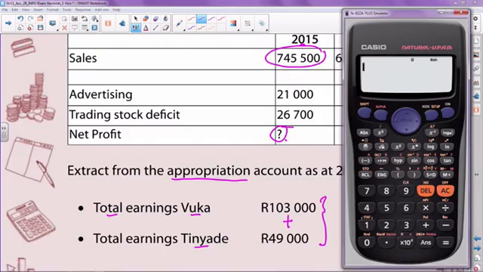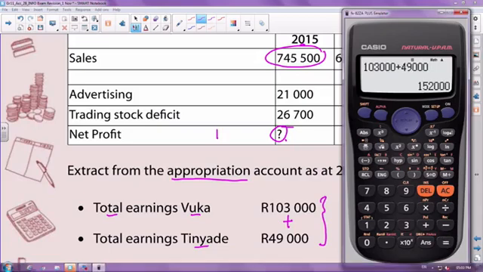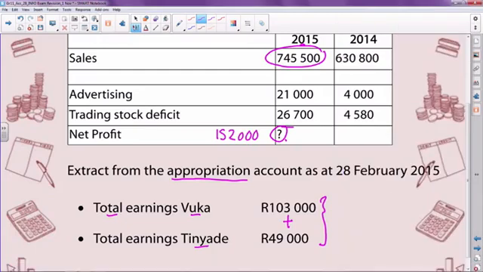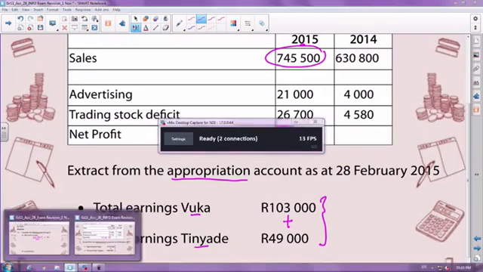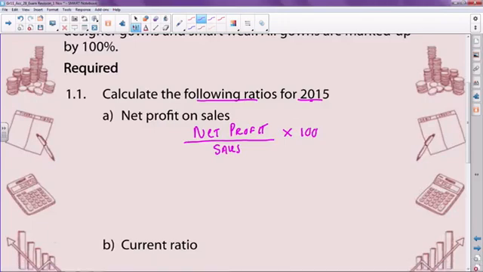So let's look at total earnings of VUCA, 103,000, plus Tanyada, 49,000, and that should give us a net profit figure of 152,000. Now that I have this figure, let's do the actual calculation. Let's go to our calculation.